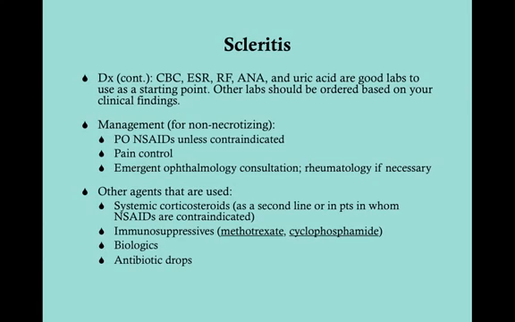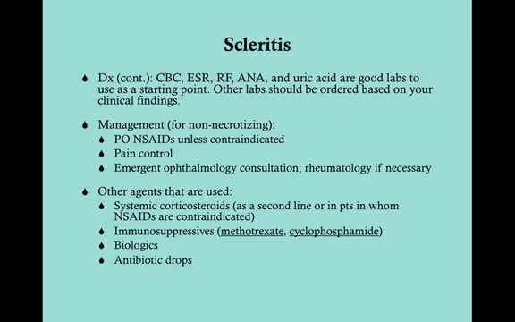So I would, at the very, very minimum, get a CBC, get a SED rate, and then get a rheumatoid factor, because RA is so common, and that can also point to other things, and get an ANA and a uric acid. And those are good tests to use as a starting point, and then other labs can be ordered based on what you find clinically.